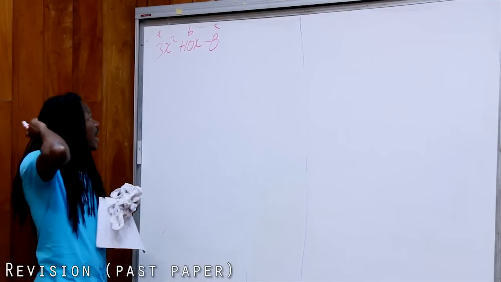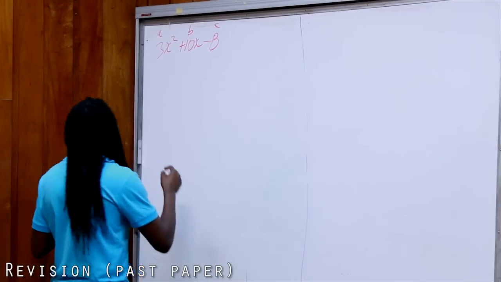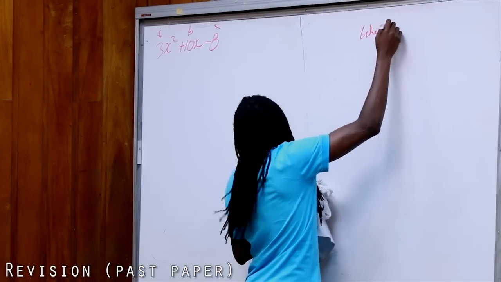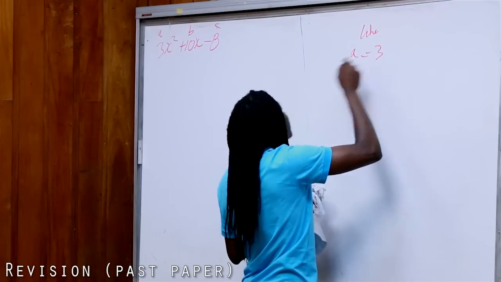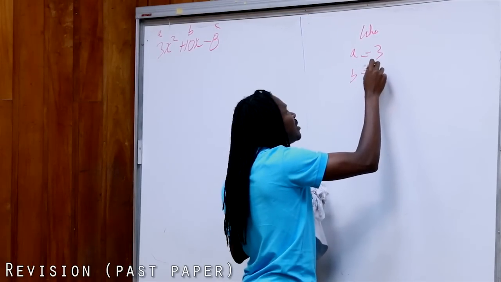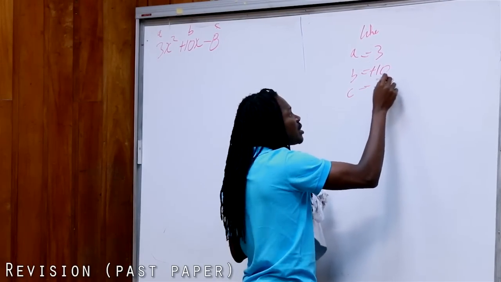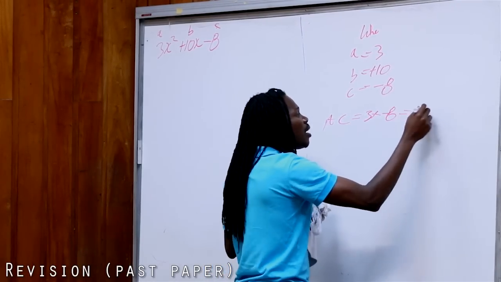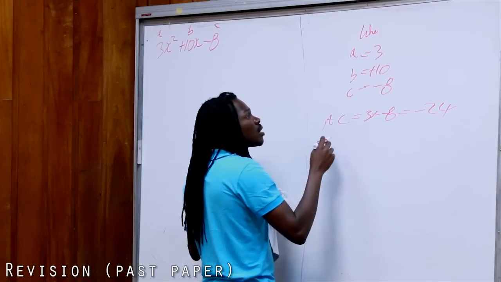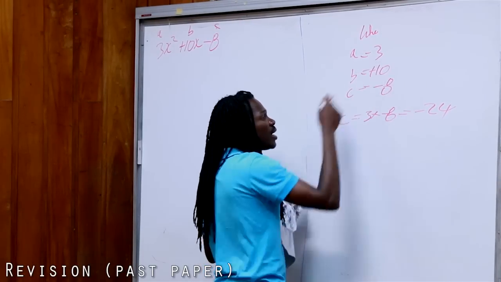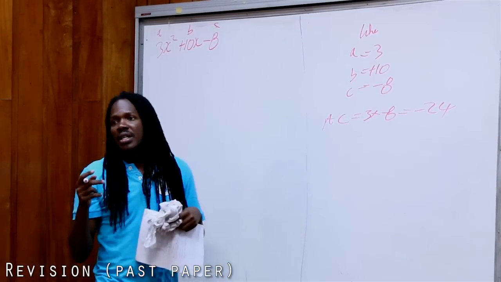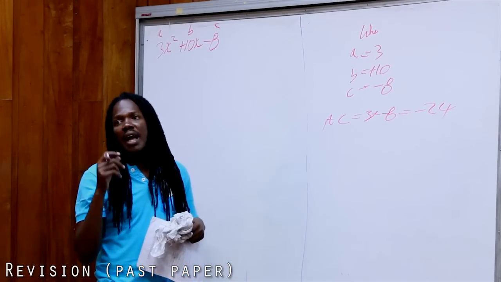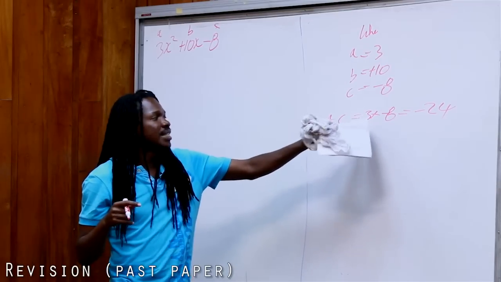So you come now and say, all right, rough work, where a equal 3, b equal positive 10, c equal minus 8. ac equal 3 times minus 8 equal minus 24. And b equal 10. I want two numbers that when I multiply them give me minus 24, and when I add them give me positive 10.